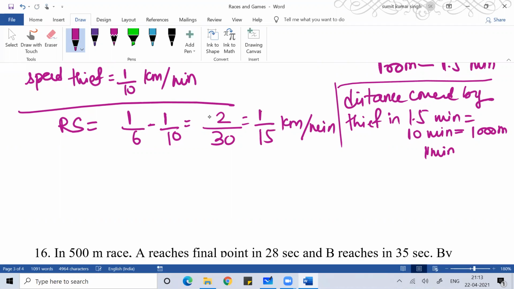So in 1 minute the thief goes 100 meters. So in 1.5 minutes the thief will go 150 meters.